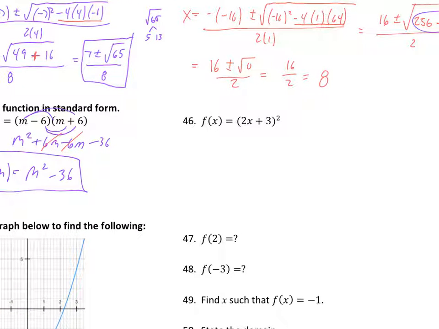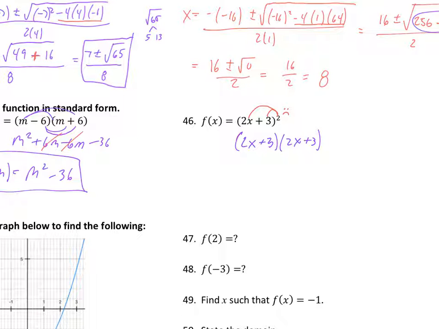Similar thing here, and just remember it's not okay to just square each term. What that means instead is that we should think about what it means to square something, which means multiply it by itself. So 2x plus 3 times 2x plus 3.